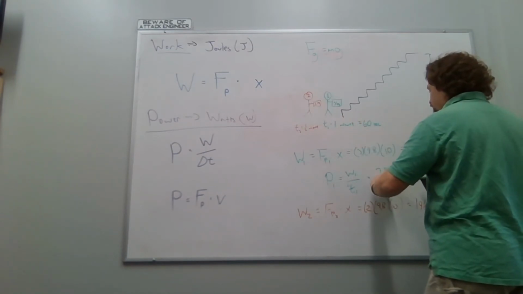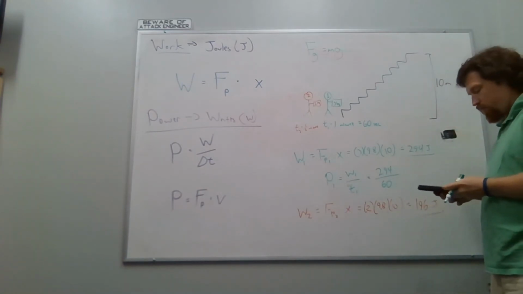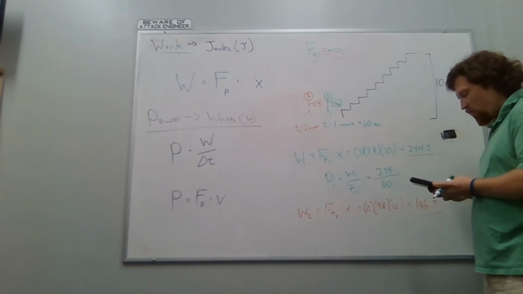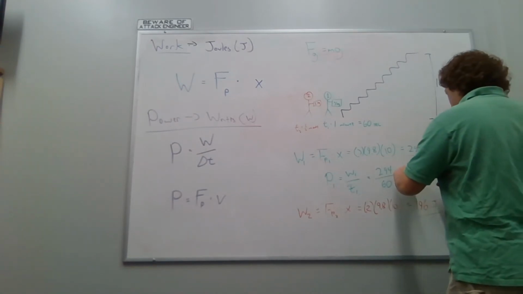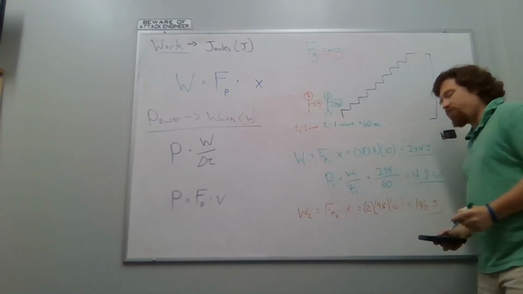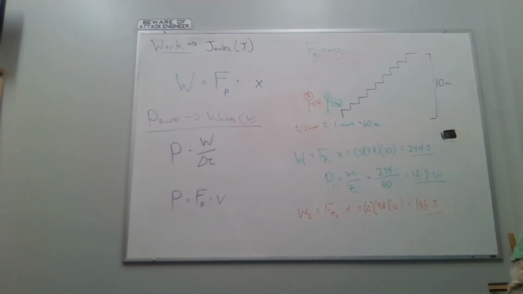So instead of dividing by 1, we're dividing by 60. Important note. So 294 divided by 60 tells us that person 1 had a power output of 4.9 watts. We're going to do the same thing with person 2 now.